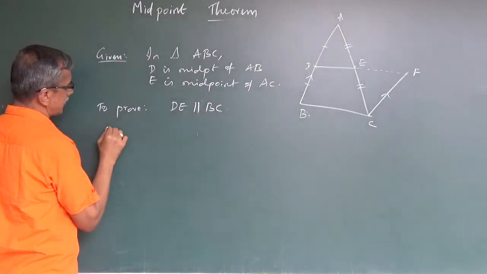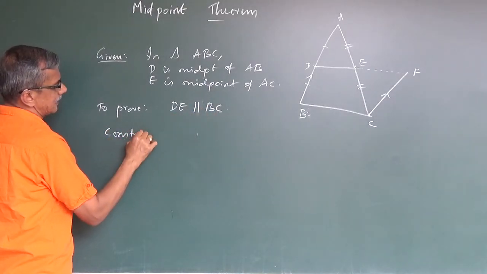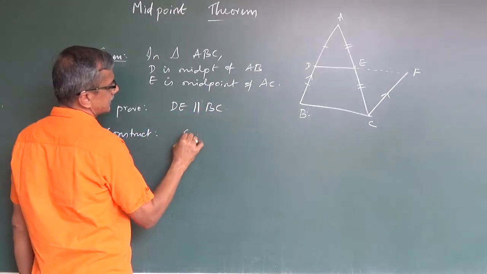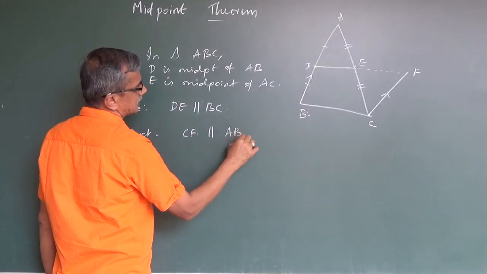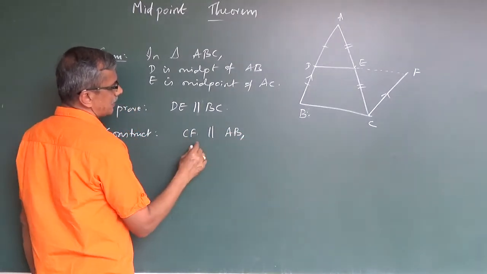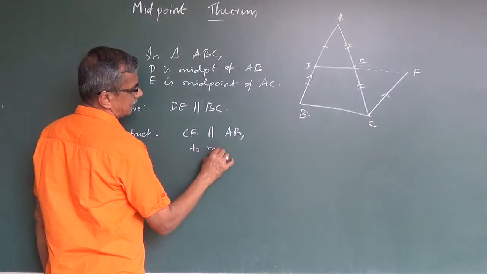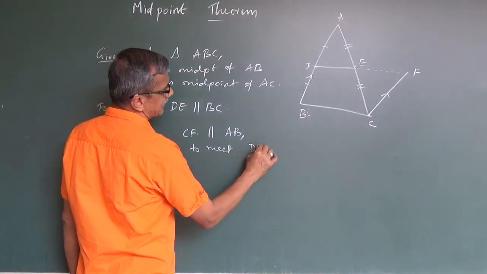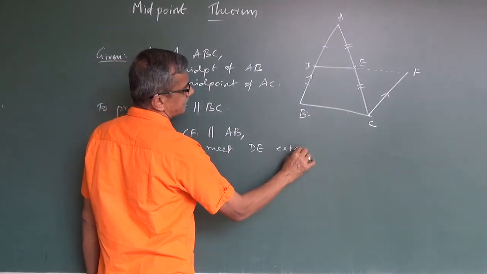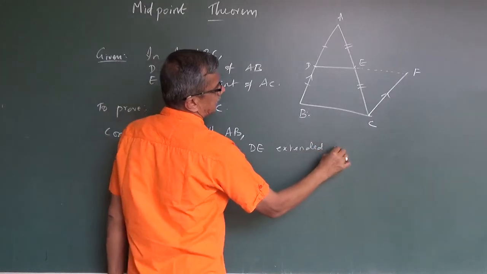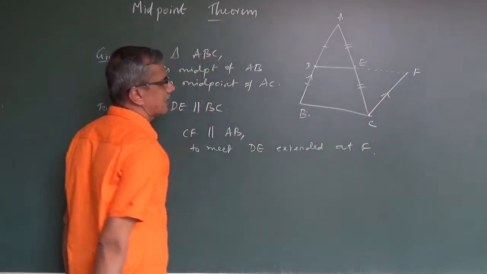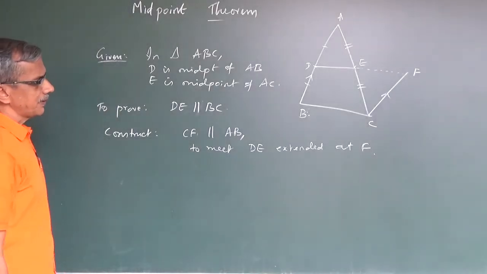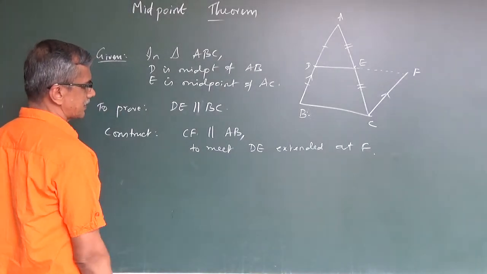So for this, what is the construction? Construct CF parallel to AB, to meet DE extended at F. That is, I extend DE, and from C I draw a parallel line CF, which meets at F. So this is the construction.